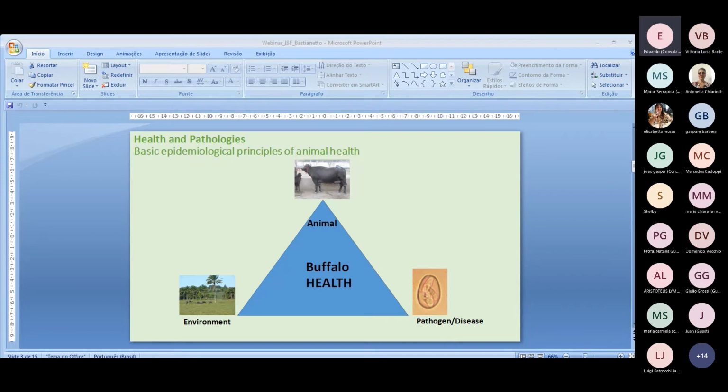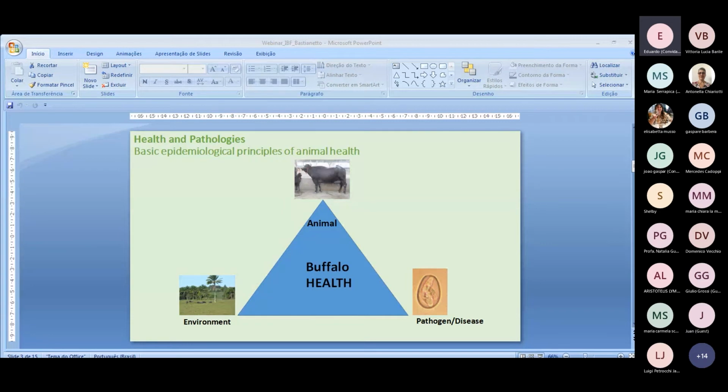When we discuss disease or health, I prefer to talk about health, not disease, because we have disease when the animal is not healthy. We need to consider three very important points. The animal: the genetics of the animal, the individual ability to become sick or not. That's where we discuss the tolerance of the animal to disease.